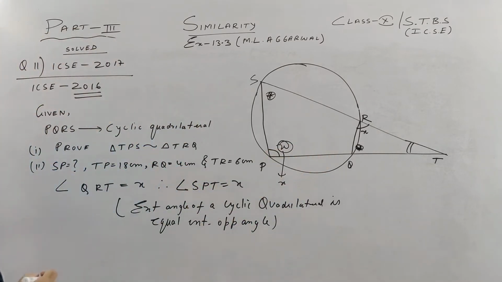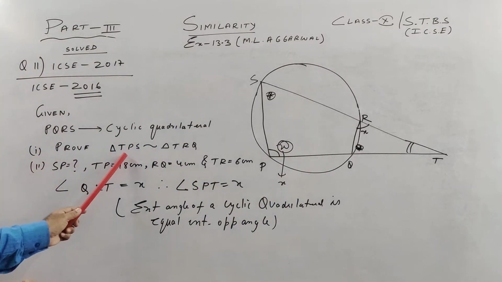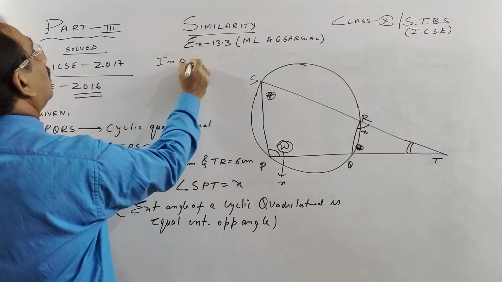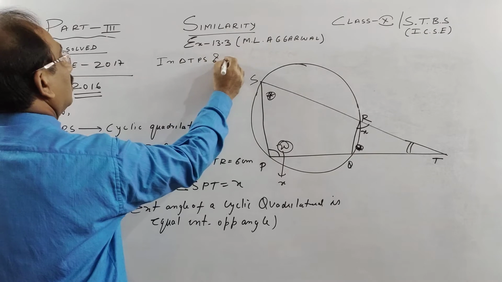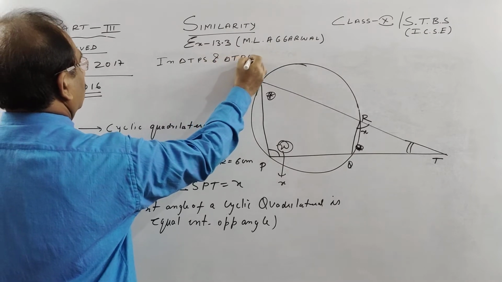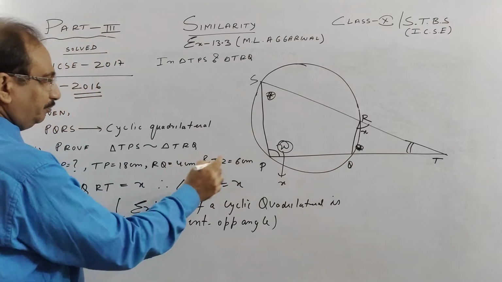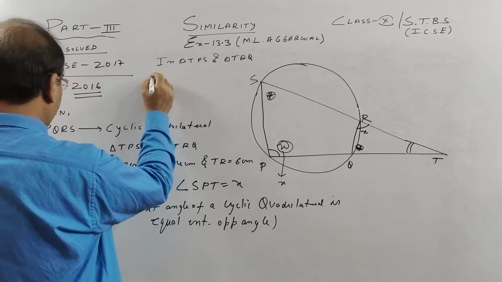Now we have to prove similarity, children. These 2 triangles I am writing at the top here. In triangle TPS and triangle TRQ, TPS is big. So you see, these 2 I have just proved.